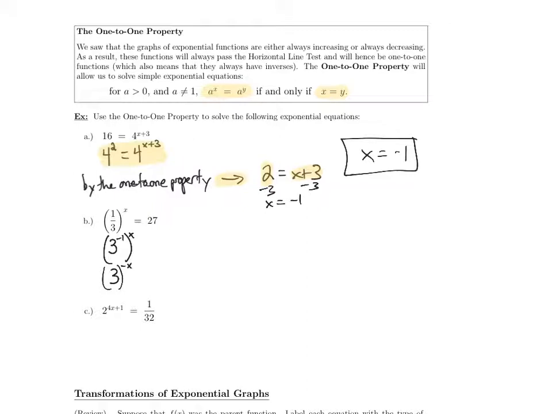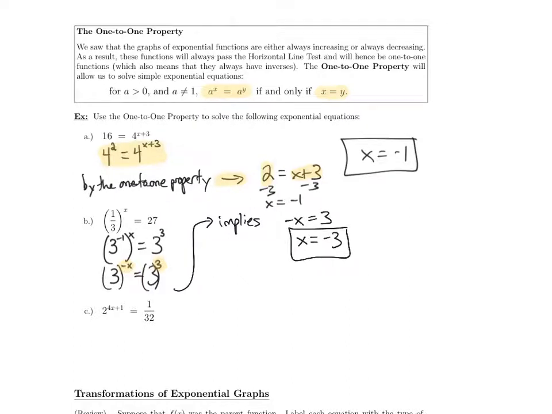Now our goal isn't to get 27 written as an exponent of 1/3, it's to write it as an exponent of 3, which is an easier question. Now these two are equal, so we can conclude that their exponents have to be equal as well. By the one-to-one property, -x is equal to 3. Therefore, x is equal to -3.